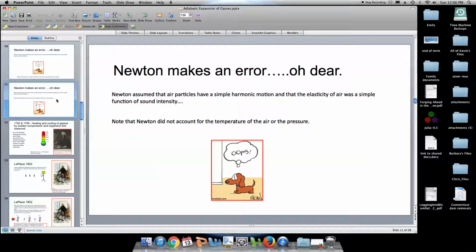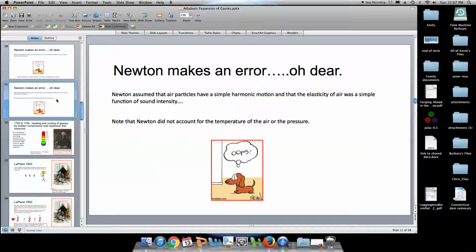The speed of the sound wave will be determined by how fast a particle covers that distance between itself and the next particle. If it's able to transfer its energy to that second particle, which will then cover the interparticle distance in a certain amount of time, strike a third particle, transfer its energy to that third particle, which will then cover that interparticle distance, strike a fourth particle, and so on and so forth.